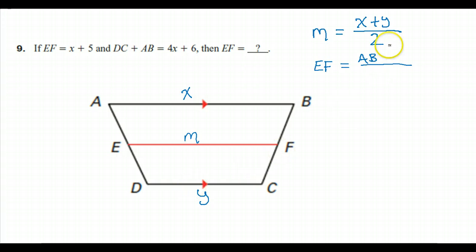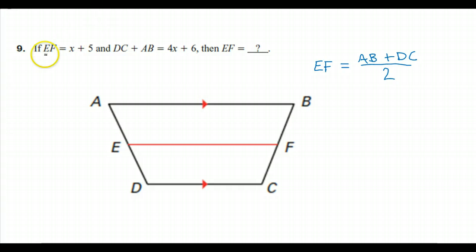Instead of Y, I'm going to put DC, because that's what y really was, the length DC. And that should be divided by 2. So the mid segment should equal one base plus the other base divided by 2. Same concept, just written a little differently. Now, I'm going to throw out these variables, because that's not what we really have. Let's just work with this.